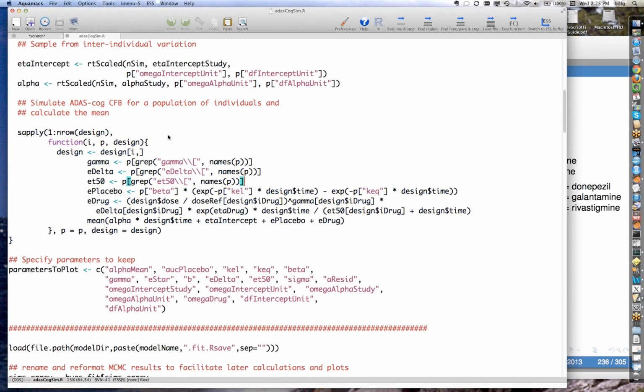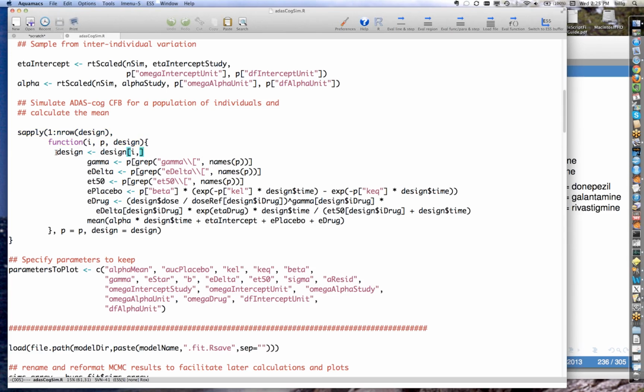What's going on is we've got this sapply. You can see it's going from 1 to the number of rows in the design. So it's basically looping over the rows in our design data frame. For each row, it's going to call this function where I've got my index I here, my parameters, and my design data frame.